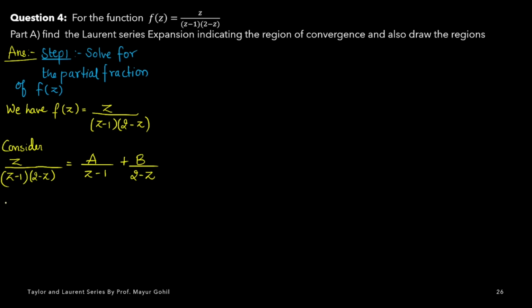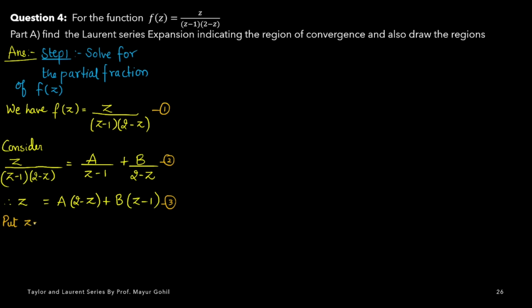Now z equal to a times (2 minus z) plus b times (z minus 1). I'll call these equations with new labels: this we call 1, this we call 2, this one we'll call 3. Now once we label this, we go for solving.